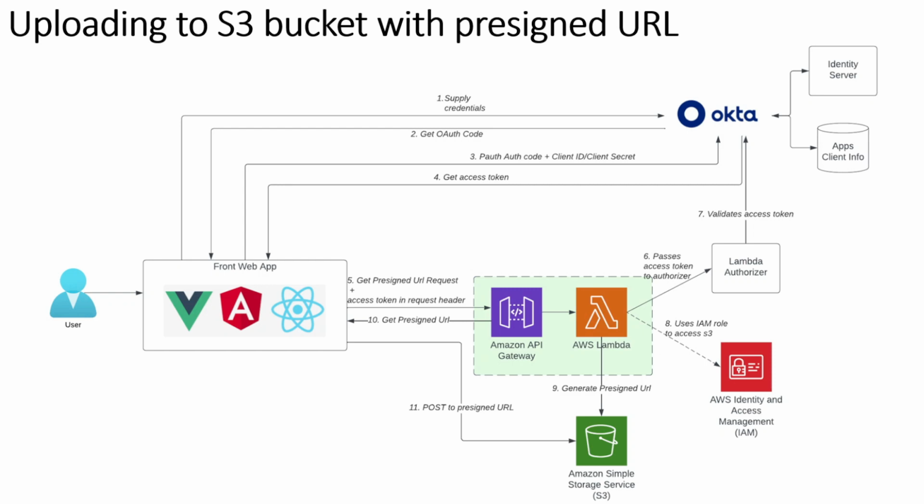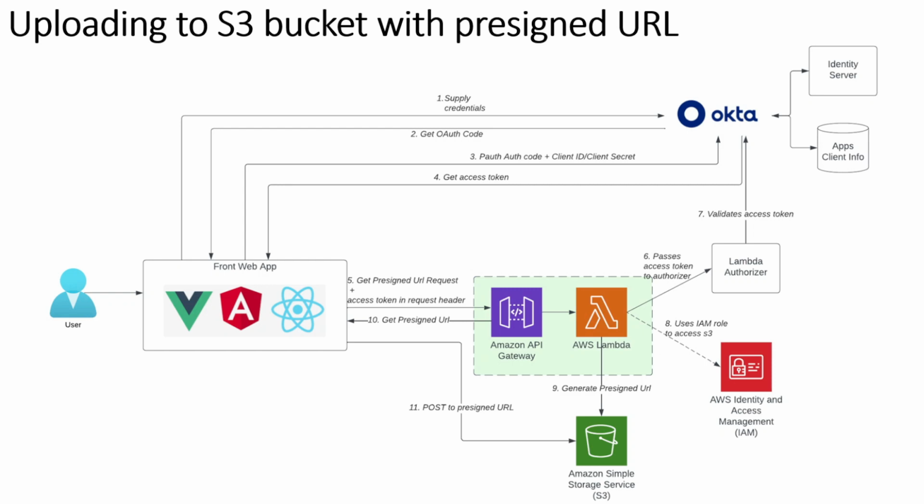The steps to get an access token are that you supply the credentials from the identity provider, you get the OAuth code, then you use that OAuth code and the client ID and the client secret to get that access token. And this is the access token that will be used to invoke the Amazon API Gateway endpoint.